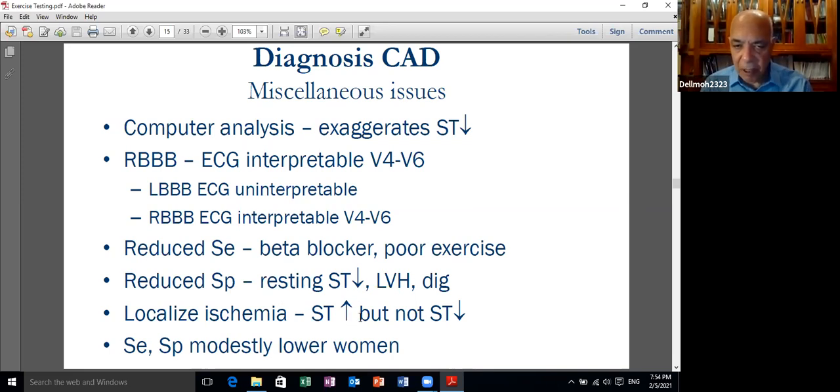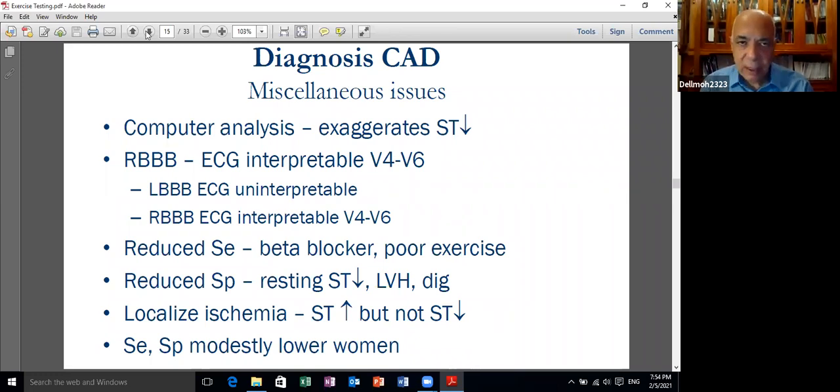Left ventricular hypertrophy by itself without strain does not change your opinion from shifting from an exercise ECG to an exercise imaging. ST elevation localizes the ischemia but not ST depression, and both sensitivity and specificity are less accurate and definitely lower in women.